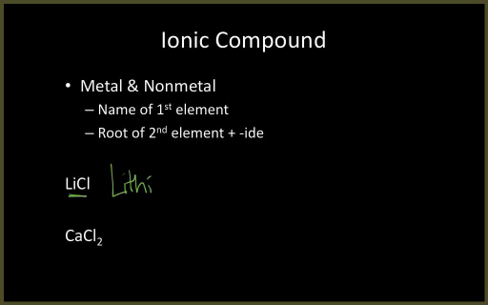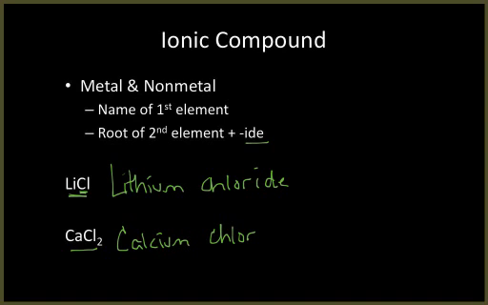Then the root of the second element, chlorine, is chlor, and then we add IDE. So LiCl is just lithium chloride. Our second example, CaCl2: name of the first, calcium, root of the second, chlor, add IDE, and that becomes calcium chloride.